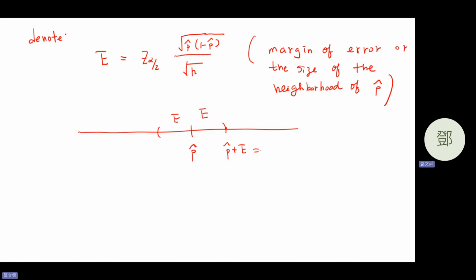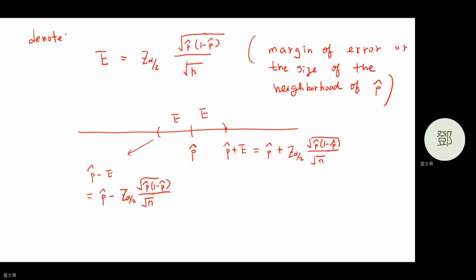It is p hat plus E, p hat plus Z sub alpha over 2 times the square root of p hat times 1 minus p hat over n. And this is p hat minus E, which is p hat minus Z alpha over 2 times the square root of p hat times 1 minus p hat over n.